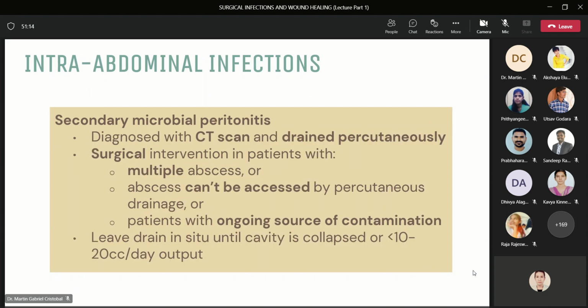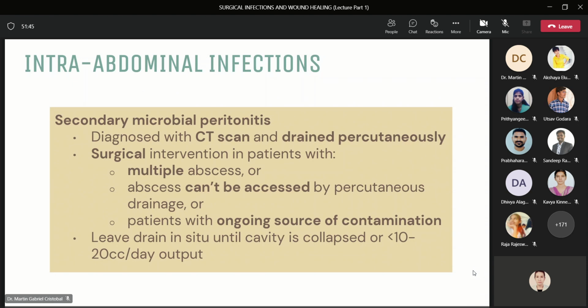The majority of abscesses can be effectively diagnosed with an abdominal CT scan and can be treated by percutaneous drainage. Surgical intervention is reserved for individuals who harbor multiple abscesses, whose abscess is in proximity to vital structures or areas that can't be accessed via percutaneous drainage, or in patients with an ongoing source of contamination, such as a perforated bowel.